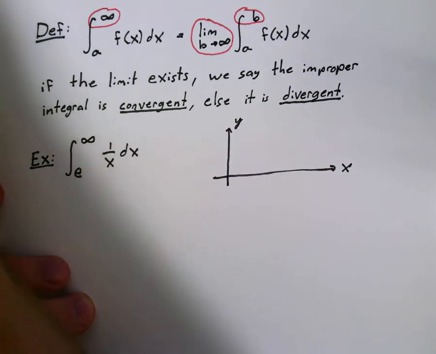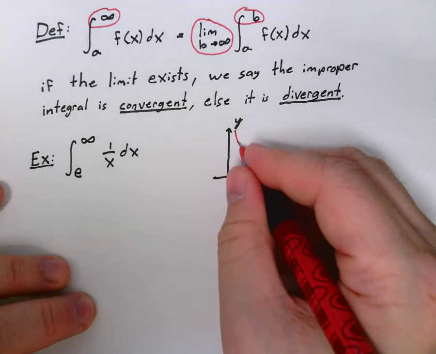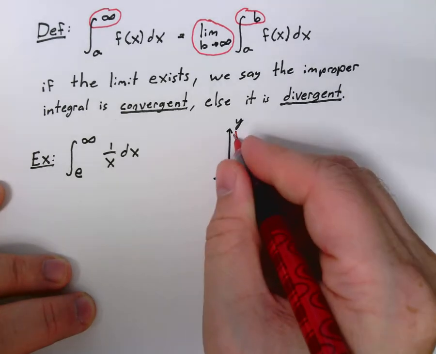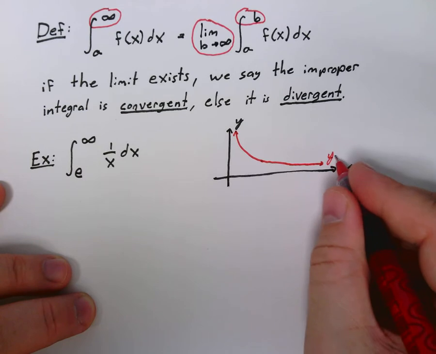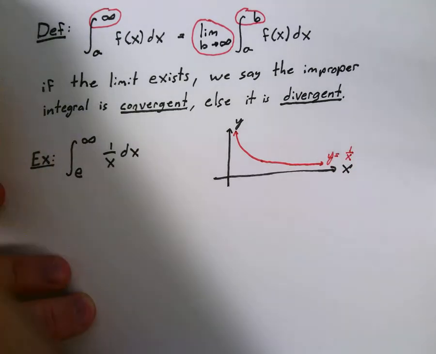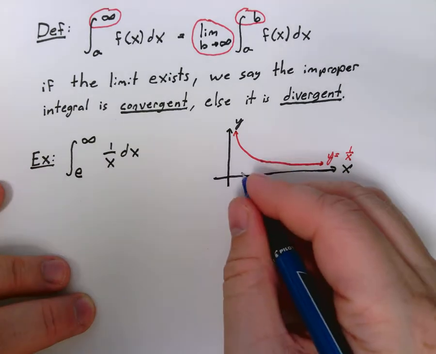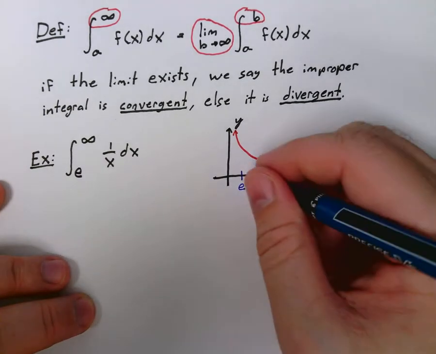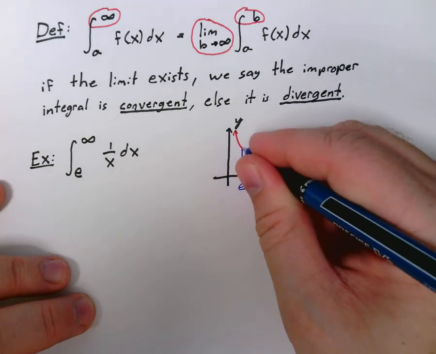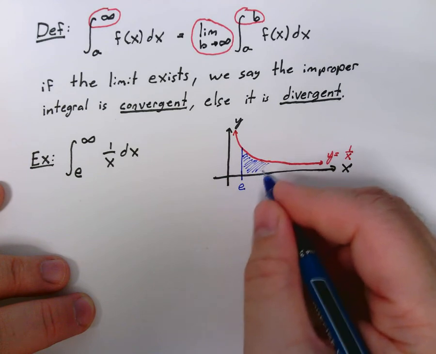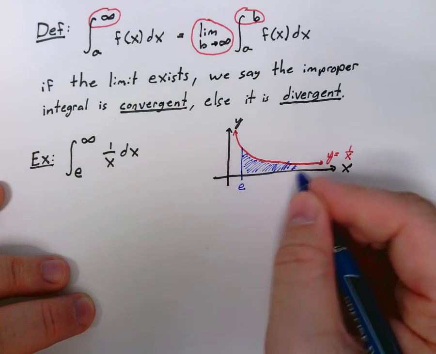I'm going to integrate this curve here. This is the curve y is equal to 1 over x. And I'm going to integrate this from, say, e. Remember, that's roughly 2.71. And I'm going to find the area under the curve, if it's possible, if the limit exists, to infinity.